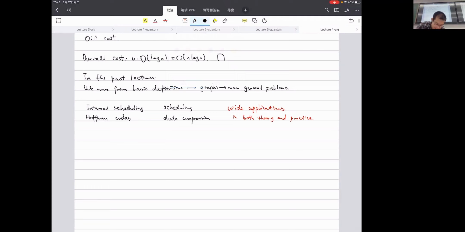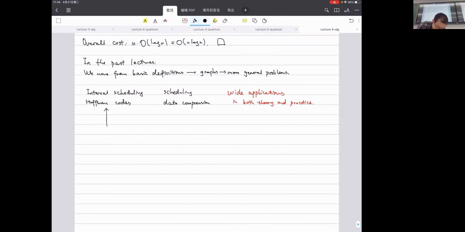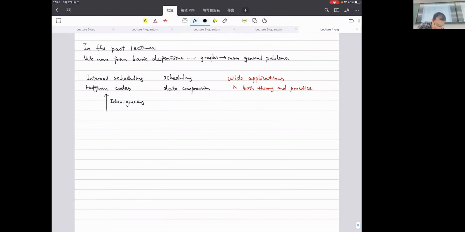So basically so far, the idea we have been talking about is a greedy idea. We introduced the basic definitions and basic models of graphs. And we have been talking about greedy algorithms on graphs, Dijkstra's algorithm, Kruskal's algorithm. And today we talk about another two very important problems like interval scheduling and Huffman codes.